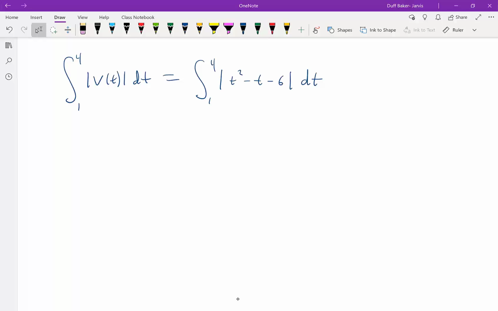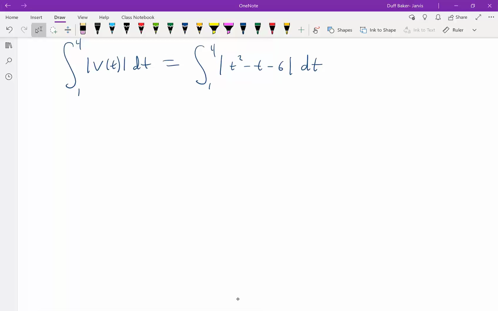You have to do it in pieces, right? Because an absolute value switches what it does based on whether the input is negative or positive, right? So you have to do one thing when it's positive and another thing when it's negative. That's usually the idea. And so here we have to decide where my function is positive and negative, and then we're going to break it up into two pieces.